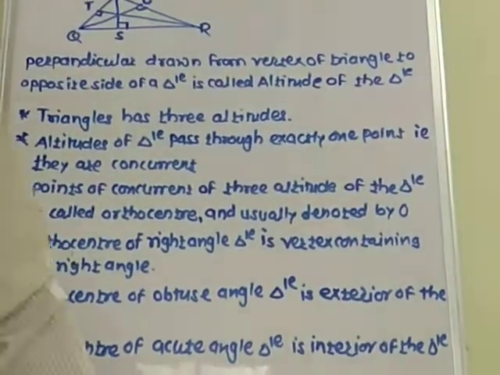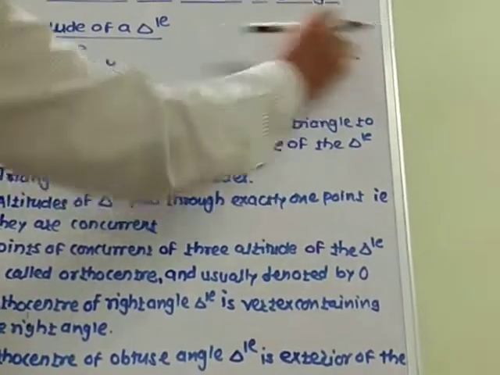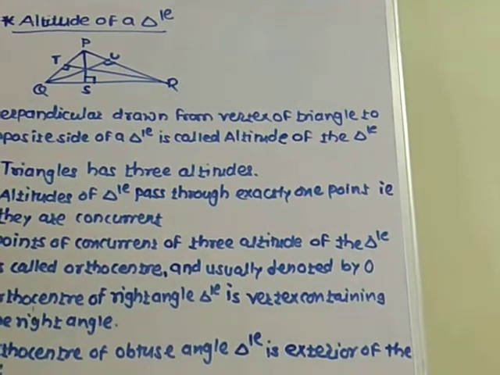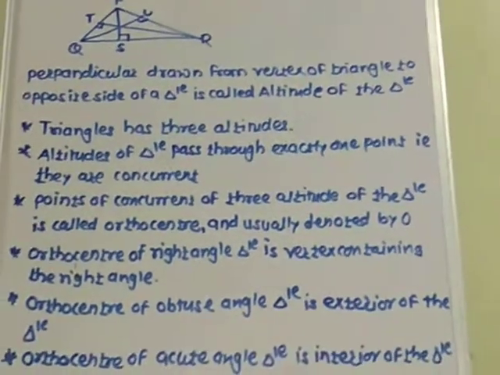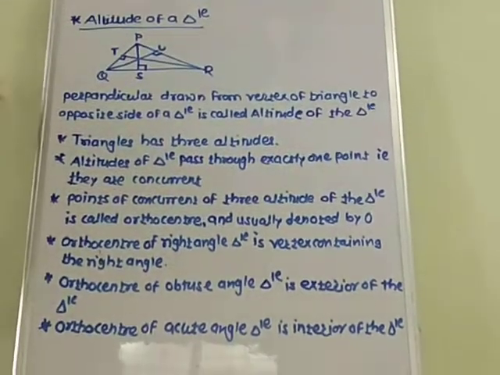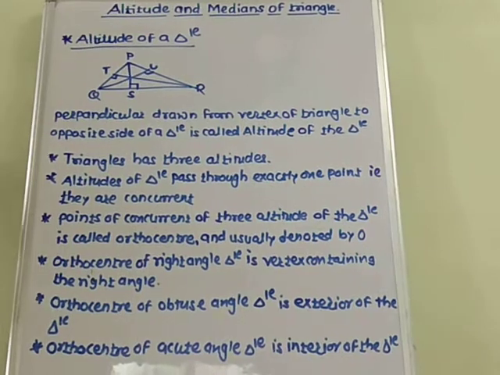Suppose you understand by knowing these points what is meant by altitude. Only the perpendicular drawn from the vertices of a triangle to the opposite side of a triangle is called the altitude of the triangle.